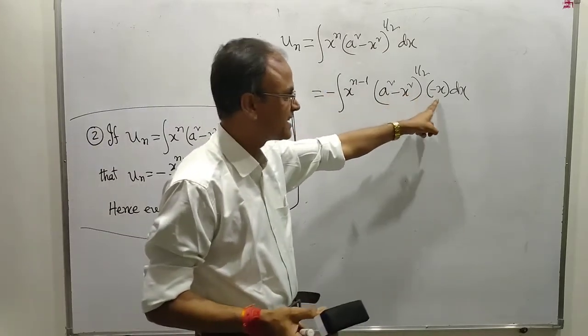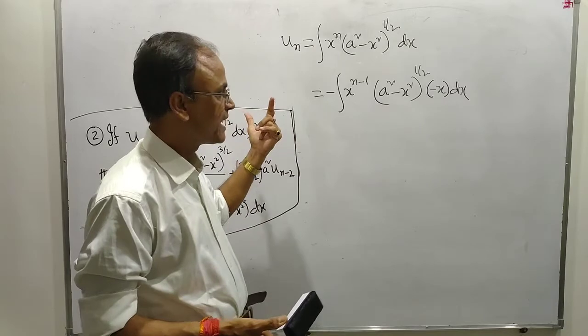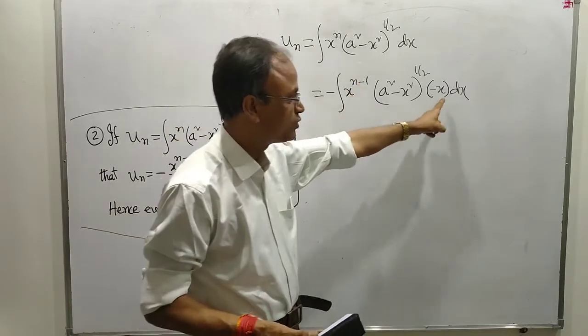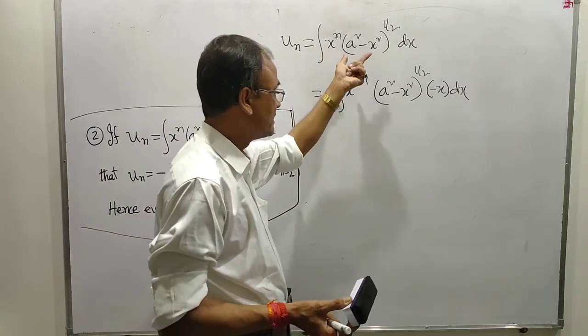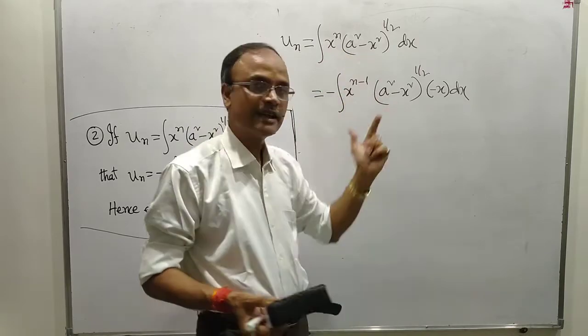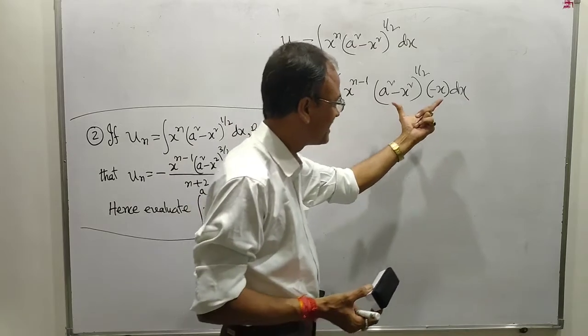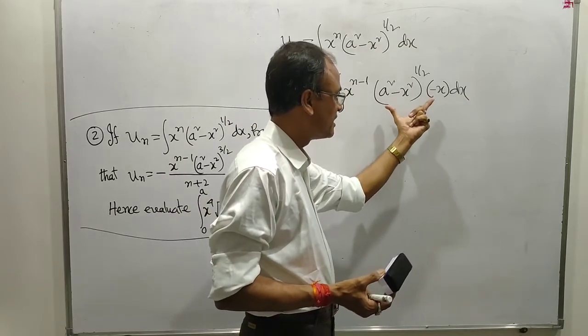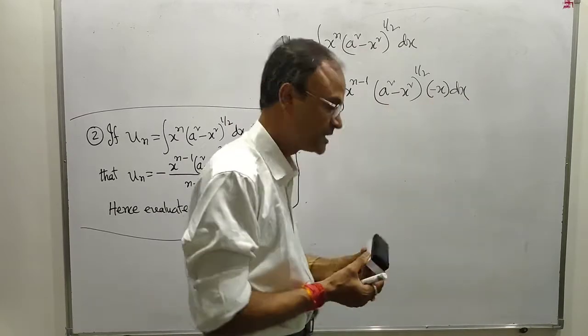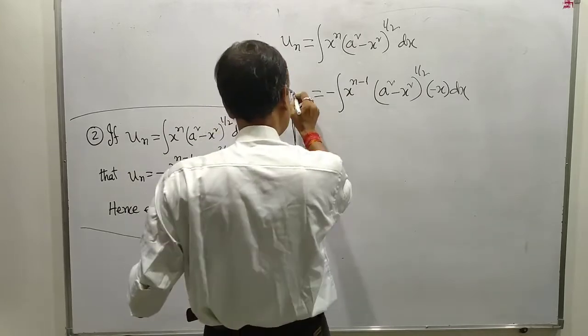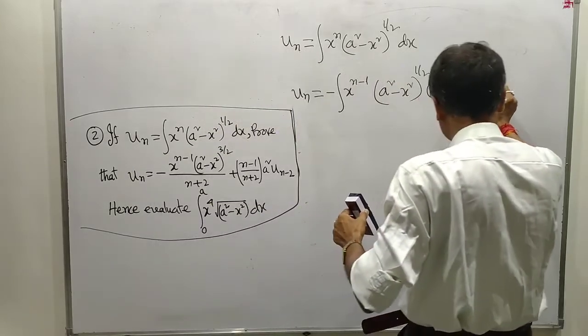This minus cancel, will be plus. X to the power n minus 1 into x will be x to the power n. This means this can be written like this. Now we can easily find the integration of this. Un equal to this. Suppose this is number 1.